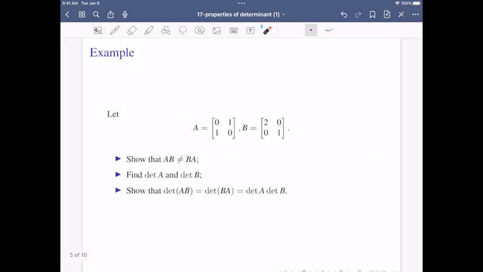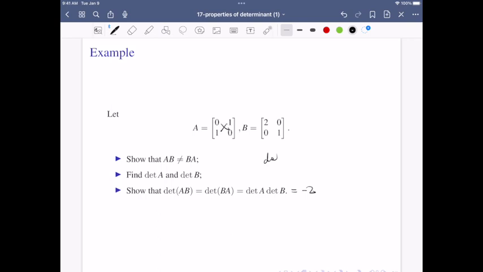So we have an example of 2x2 matrices, A and B. You can directly check the multiplication. If you multiply A times B, it will not be equal to BA. I'm not going to compute that. And you can also compute determinant AB and determinant BA and determinant A, determinant B. At the end, we will find this is all negative 2. Of course, determinant A is simple.